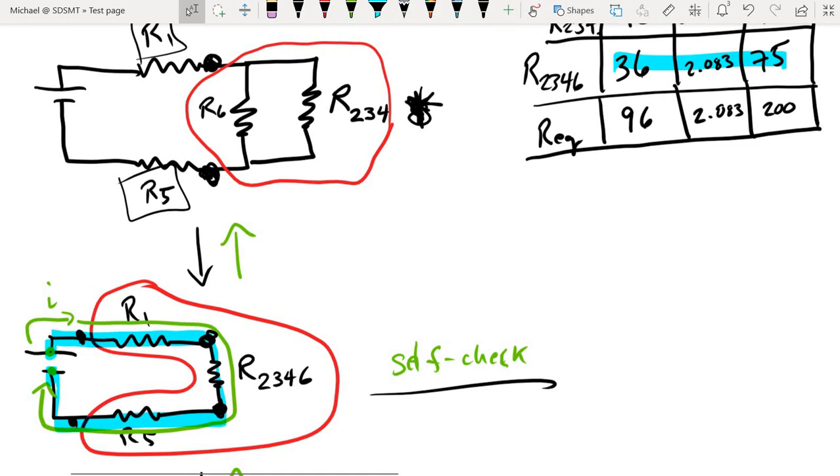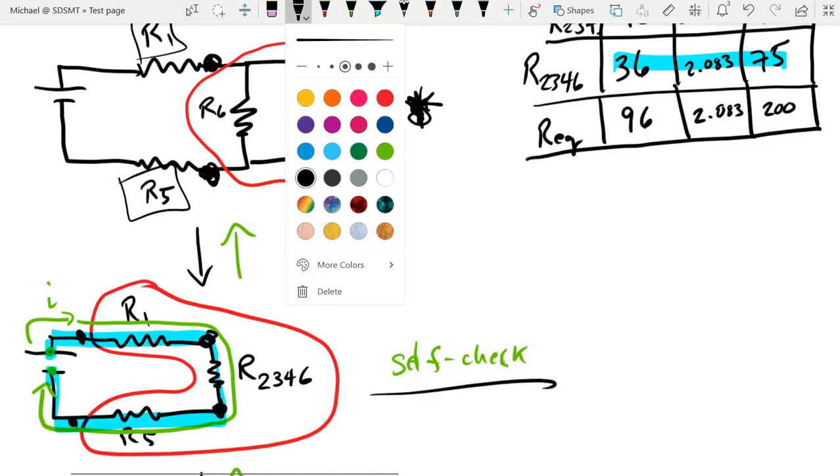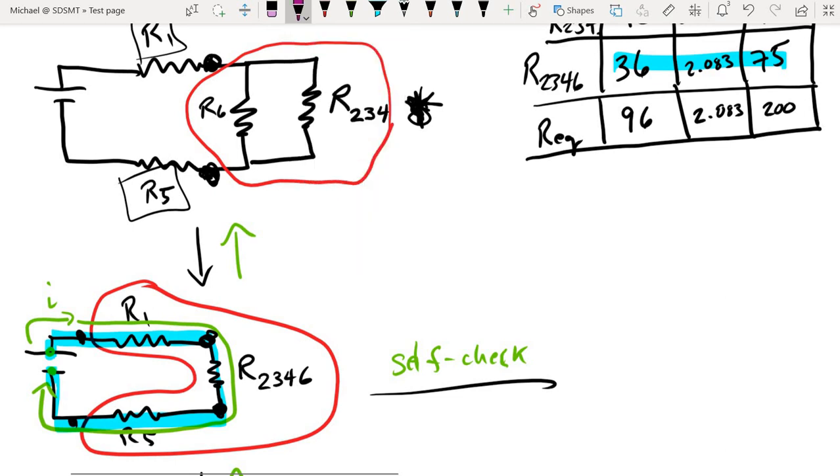And let's see, I got to pick a different color here. I'm going to pick this purple. The thing that we need to check is the current that runs through resistor 2, 3, 4, 6.